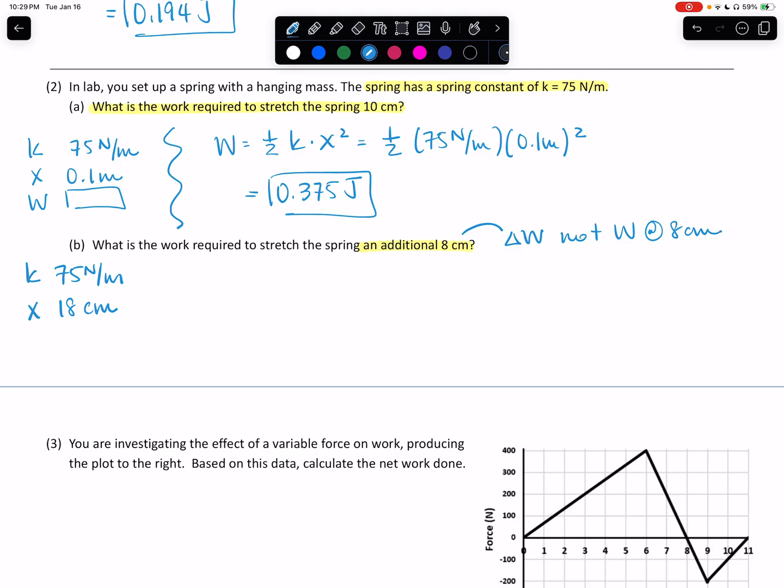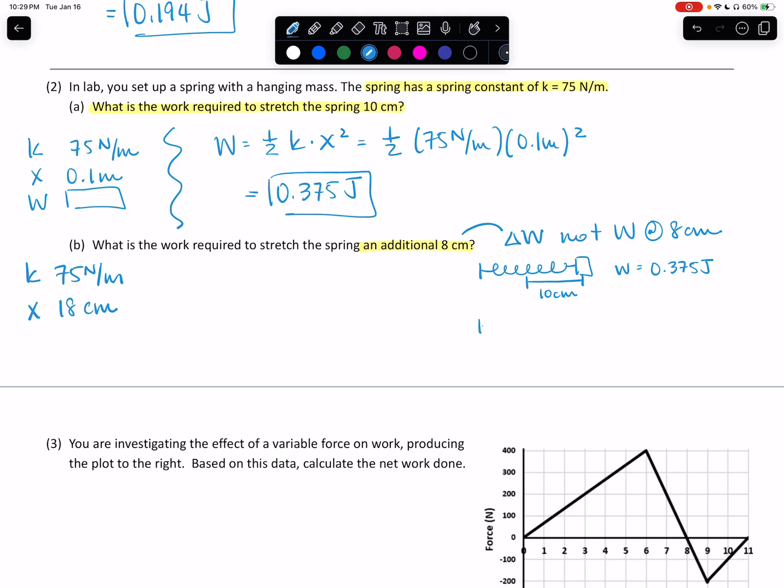Let's see if we can visualize this. I'm going to draw it this way just because it's easier space-wise. Let's say that we've stretched this spring out. Here's our 10 centimeters, and that took 0.375 joules of work to do.